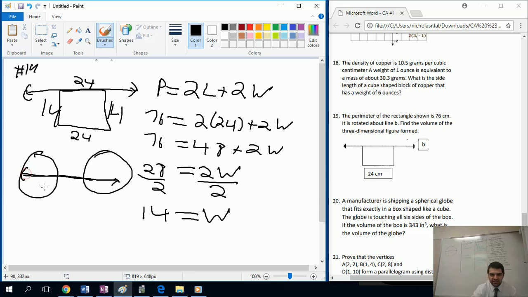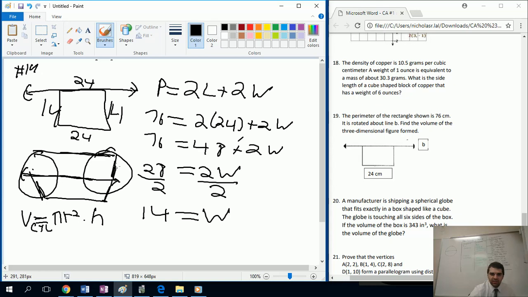We're going to have a cylinder with that rectangle still being there in the cylinder, okay? And so the volume of the cylinder is going to be pi r squared times the height, and the radius is going to be 14 and the height is going to be 24.